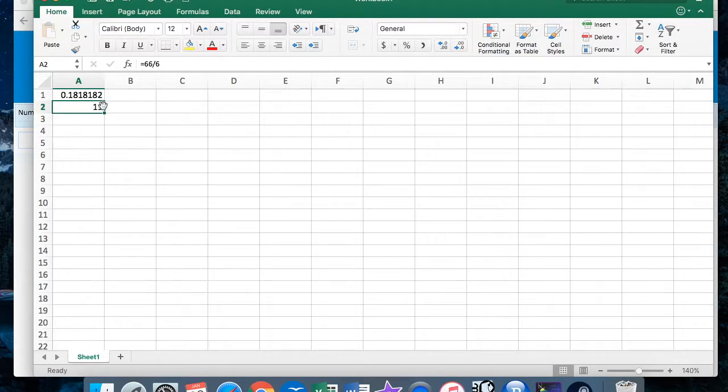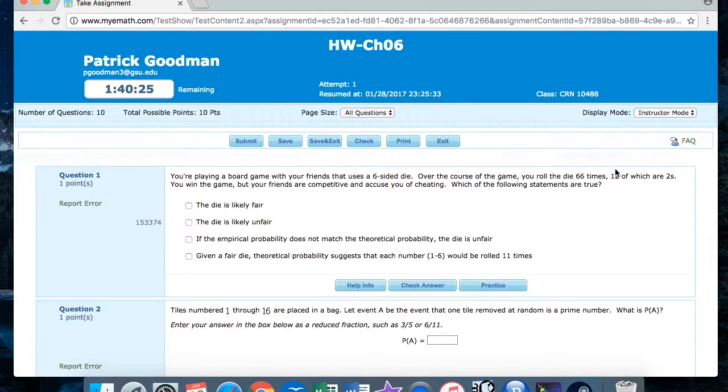So approximately 11 per number. Each number should occur roughly 11 times, right? So 6 will appear around 11 times, 5 will appear around 11 times, and so on. So 12 times we have the number 2. 12 isn't way too far away from 11, right?